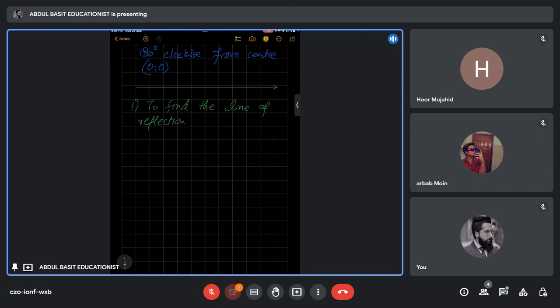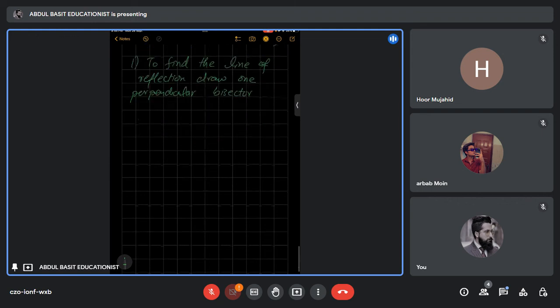To find the line of reflection, draw one perpendicular bisector, like this. Like for example, look at the shape. This is a shape right in front of you, and I'm going to reflect it, and we'll find a line of reflection. So, for example, this is the shape, and this is also a shape.